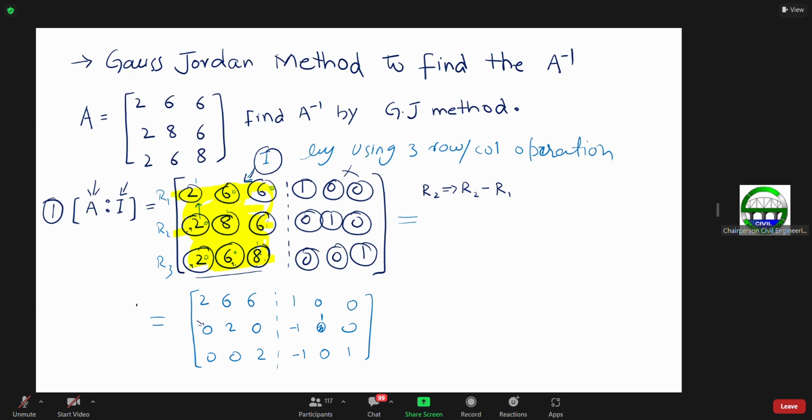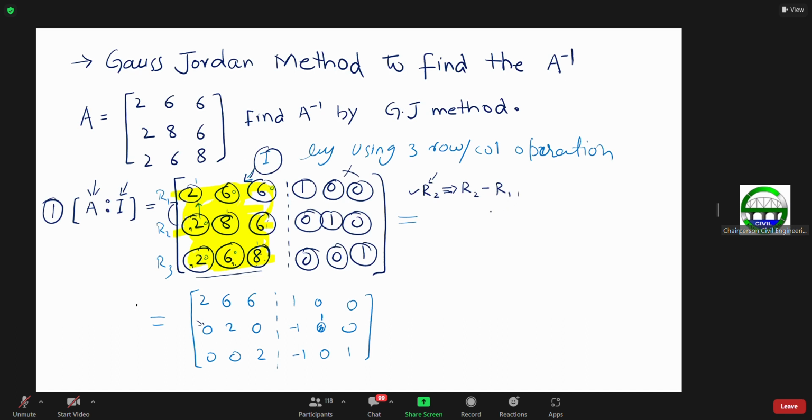This is R2. If I subtract this one, 2 minus 2 is equal to 0. Whenever I apply an operation, I have to mention on which column or row I have applied it. So I applied it on R2, and R2 is going to be equal to R2 minus R1.